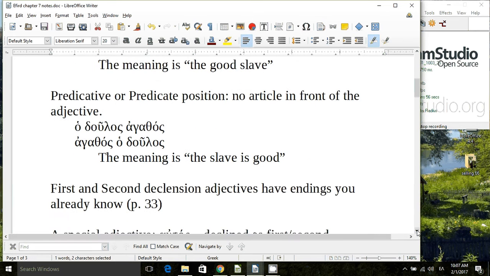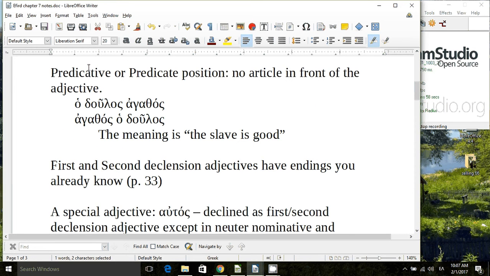Or the adjective can be in the predicate position, or predicative position, where there's no article directly in front of the adjective. So this is ho doulos agathos. It's called the predicate because there's an understood verb of being in there. What's understood in here is estin. Have we had estin yet? I guess we haven't. It means is. The slave is good.